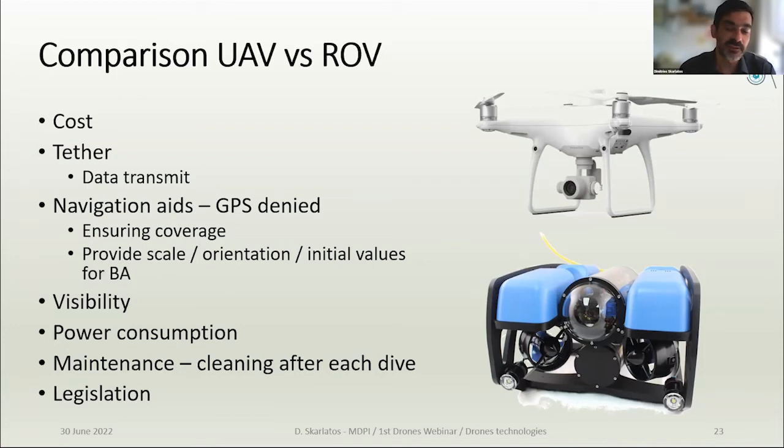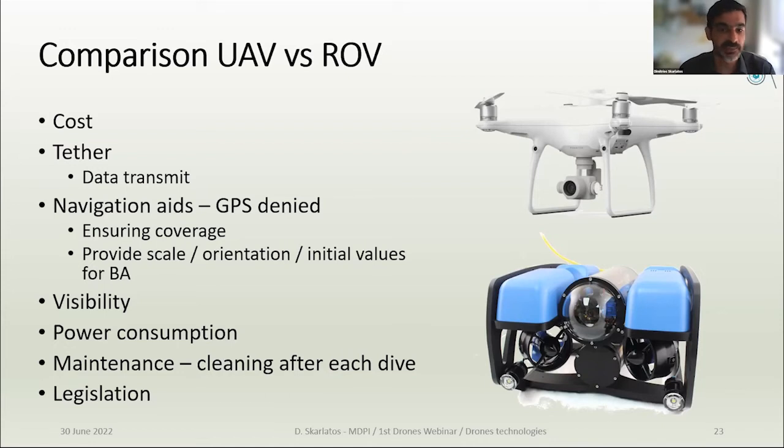Then again, you have the tether. You have a tether in most cases in underwater ROVs, which is used for back and forth communication, so to control the ROV as well as get the live feedback from the camera. In most cases in ROVs, or at least in cheap ROVs, you have no navigation aid.